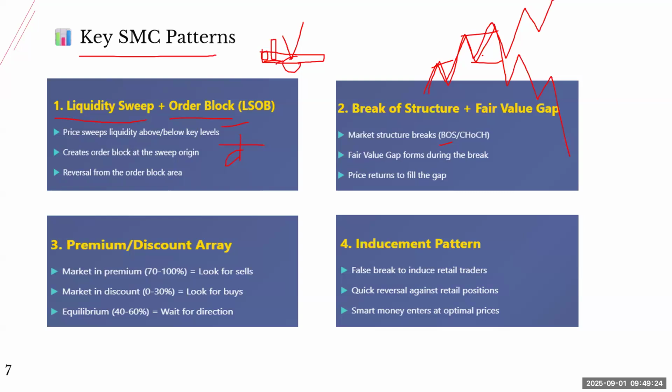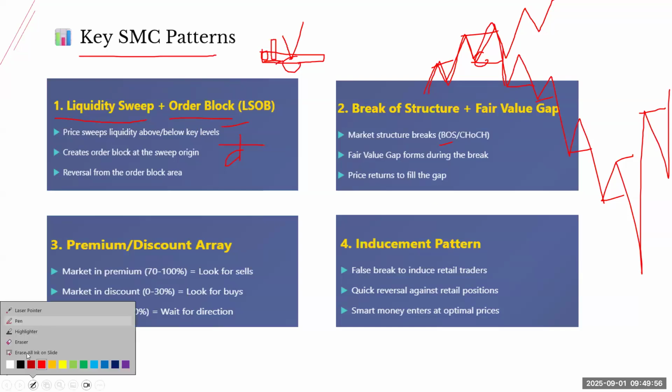It shouldn't break below the previous low. These are break of structure, break of structure, BOS here. Whenever price makes a new high here again, it's your break of structure. Inducement and pattern: a false break to induce retail traders, then a quick reversal, and smart money enters at the optimal prices. Don't worry about this, I'm going to show you guys in a bit.